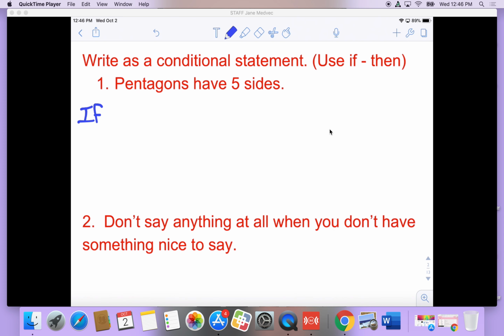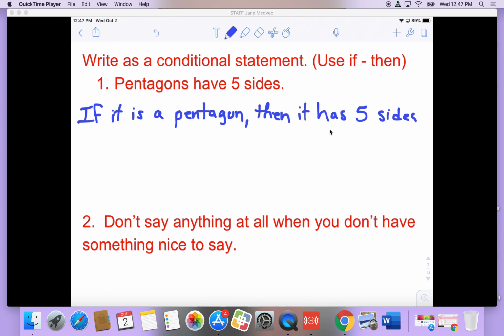So if it is a pentagon, notice that's the first piece of information they give you, comma, then it has 5 sides. Okay, so there's an example of how I take a sentence, I take a look at the 2 pieces of information they're giving me, and I split it off.